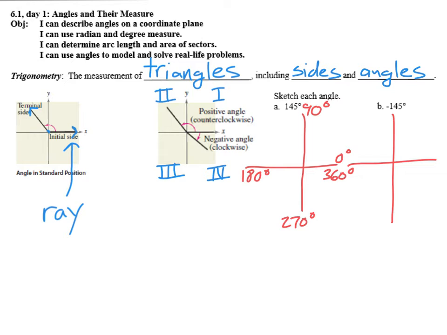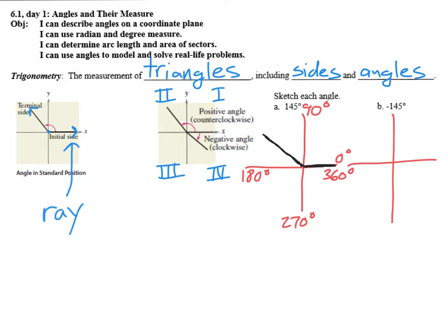So here's why the quadrants can be really helpful as reference points, because if I were drawing these sketches, what I'm looking for is, all right, 145 degrees. What quadrant am I in? Okay, well, quadrant 2 is for angles that are between 90 and 180. So I'd put it right here.